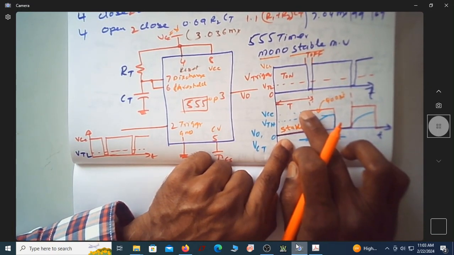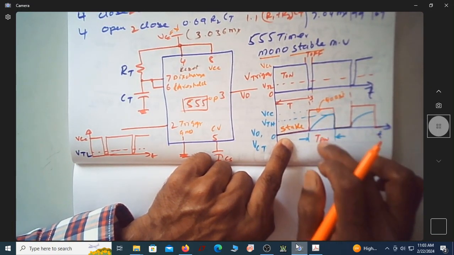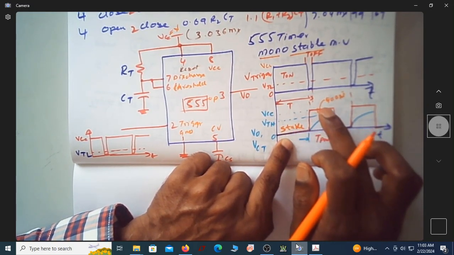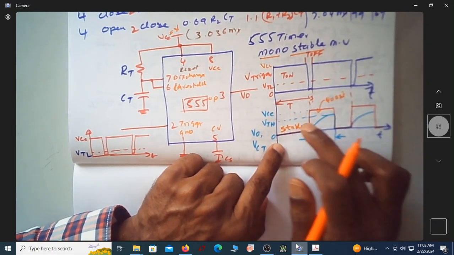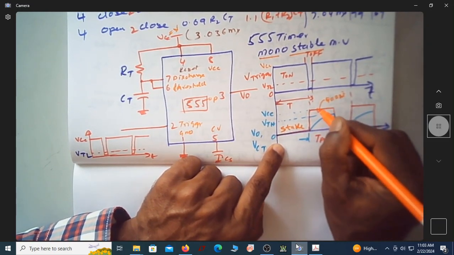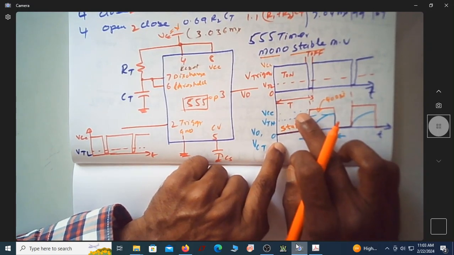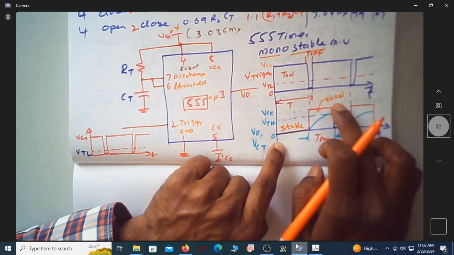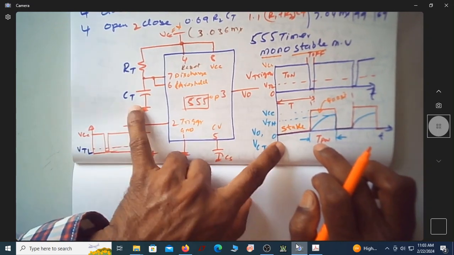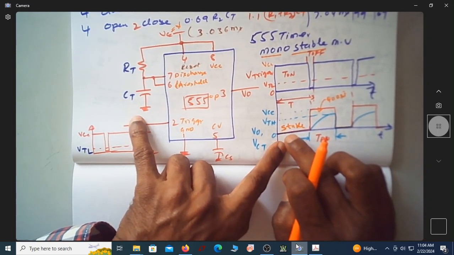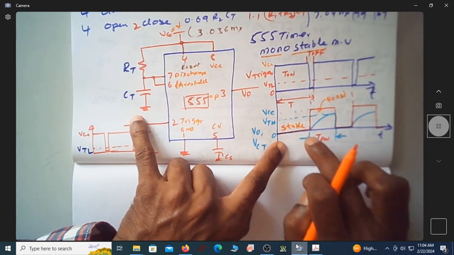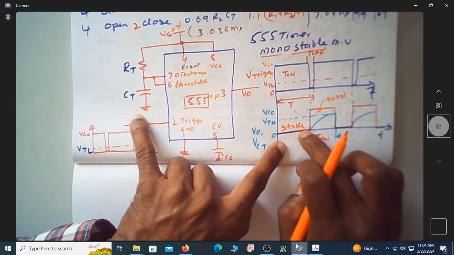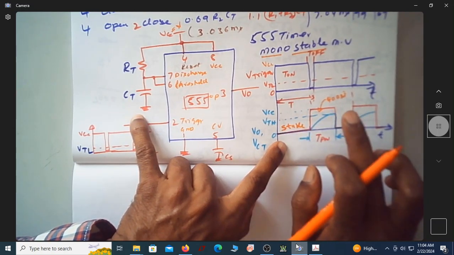This is your quasi-stable state, which is a temporary state other than the stable state. In the stable state the output is 0, and in the quasi-stable state it is logic high, which is VCC. It remains there for a predefined time, which is decided by the capacitor. Initially, when the output is in the stable state, the capacitor voltage will be 0. When the capacitor voltage is 0, it remains in the stable state.